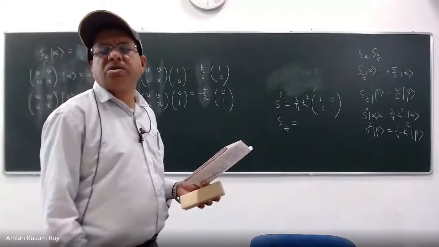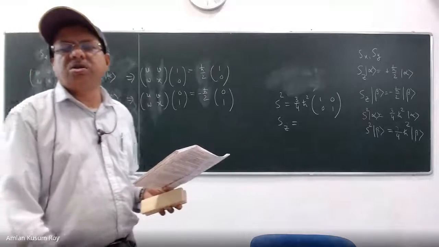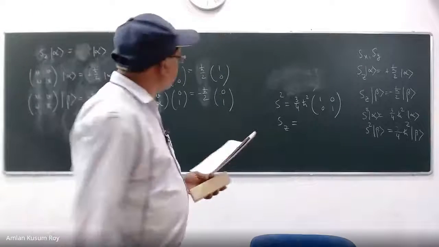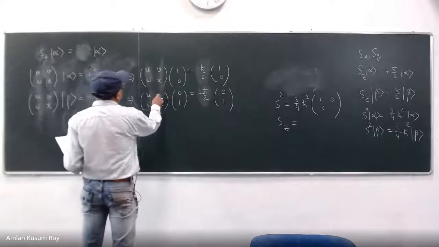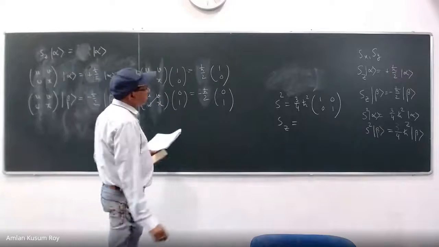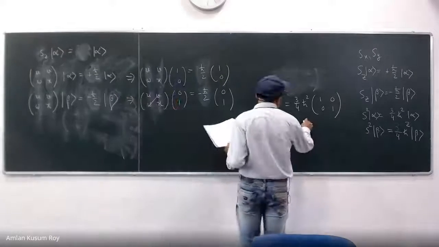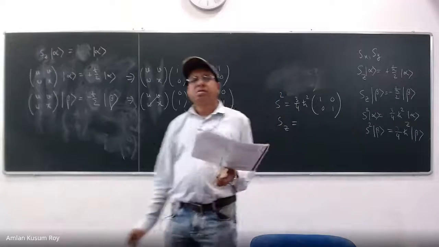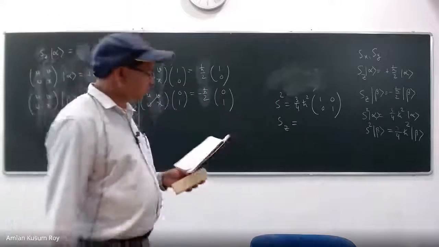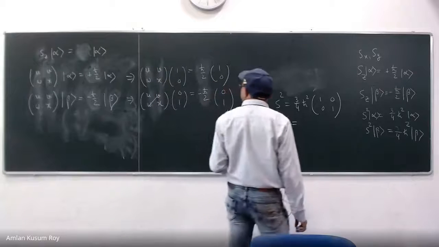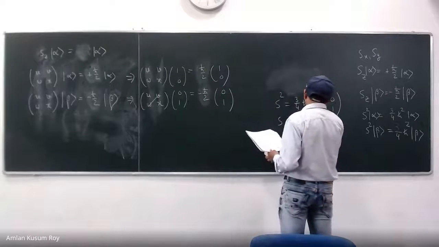U is equal to X is equal to H cross by 2, and W is equal to V is equal to 0. These two are 0. That's right.